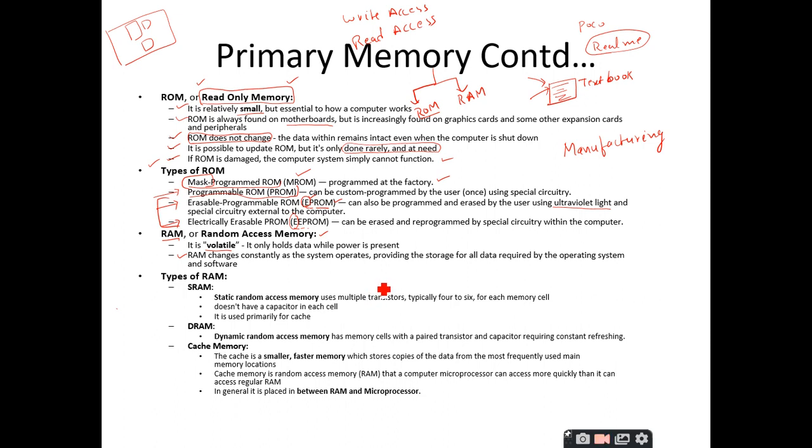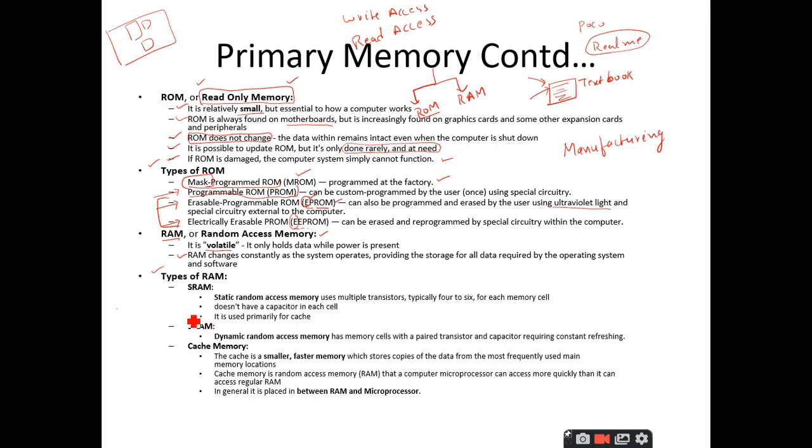That is the purpose of the RAM, to store the temporary results that are given by the operating system, or to give the inputs to the processor or to store the results from the processor. You are going to have this RAM.